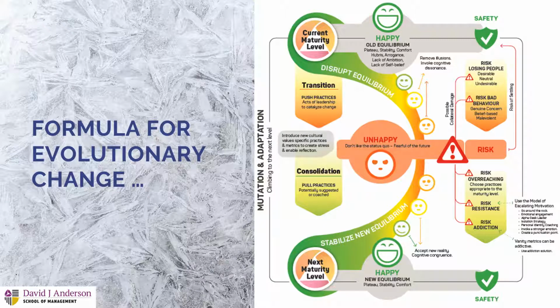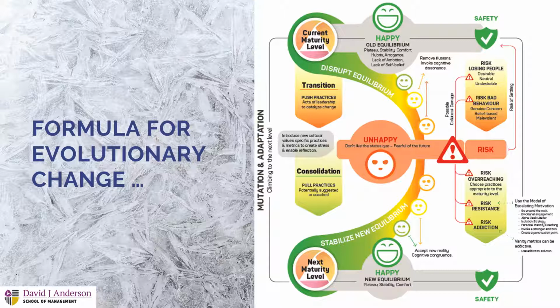So you have your old equilibrium. Then you start to observe some stress. Either this is the stress that you see by yourself, or this is the stress that your Kanban coach is going to inject. And then you have this unhappy stage where you look for some reflection mechanism. You look for your feedback loops that will tell you what's wrong.